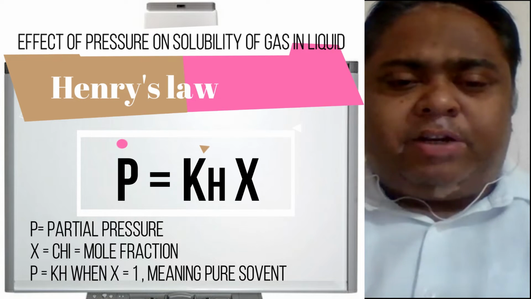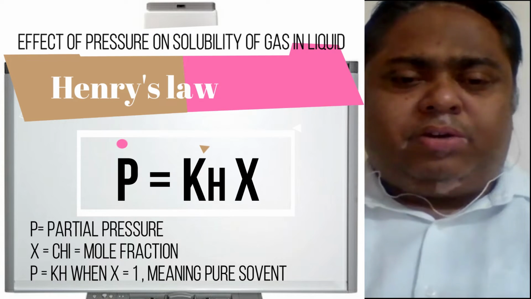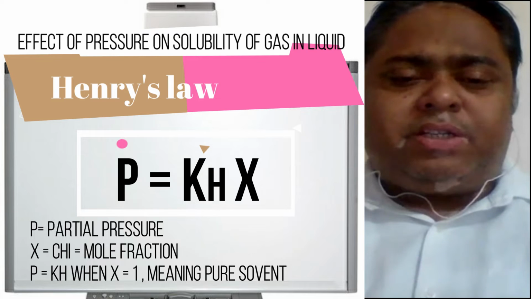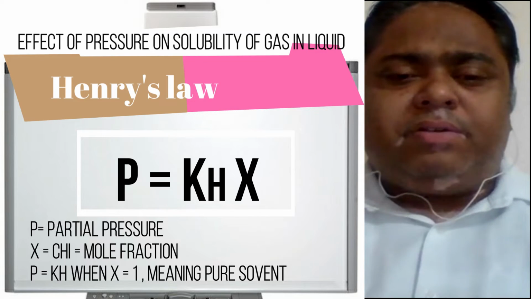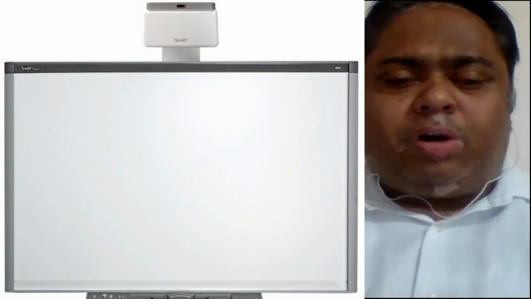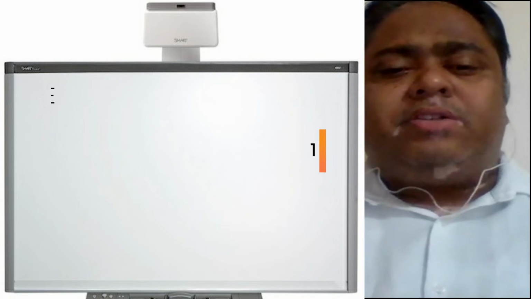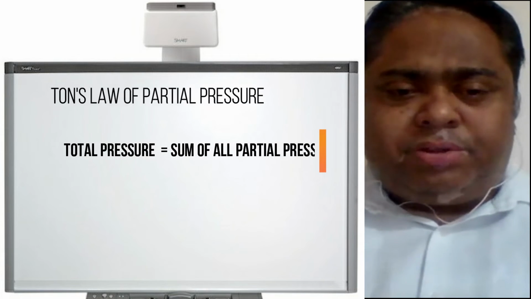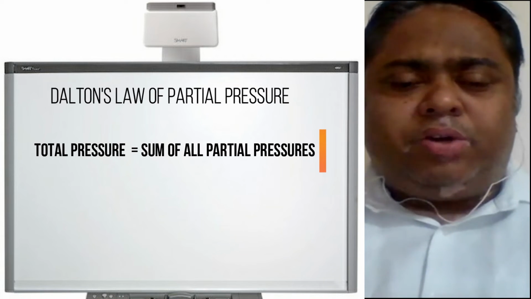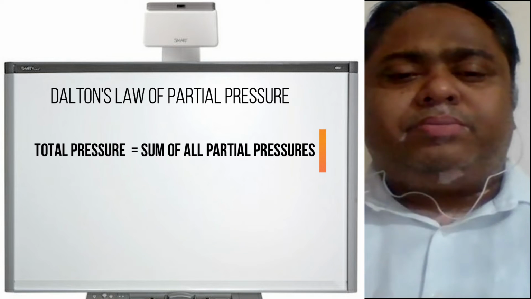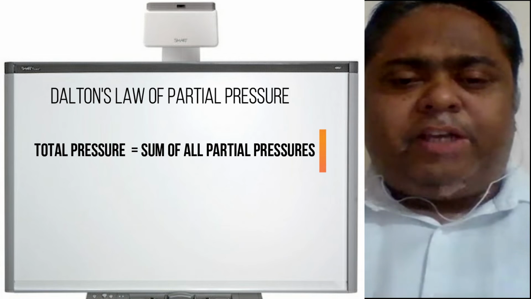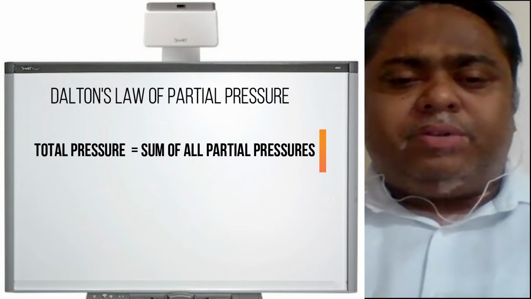This expression, wherein total pressure on any solution is given as sum of the individual pressures of the component gases, is called Dalton's law of partial pressure. According to Dalton's law of partial pressure, in a solution in which gas is there in liquid, the total pressure is equal to the sum of the partial pressures of each one of the components of the gases.